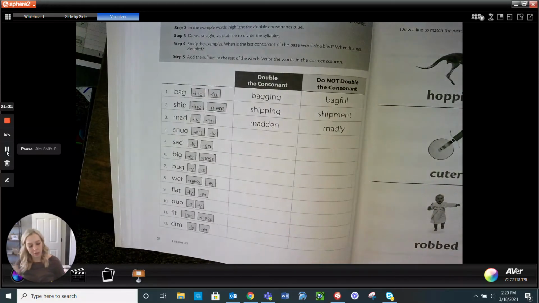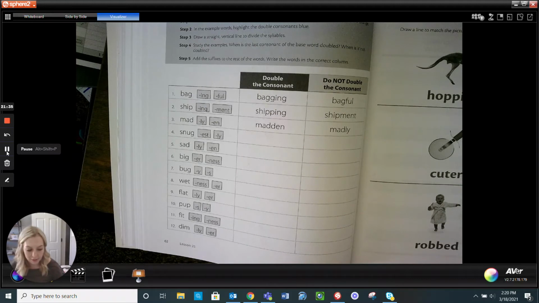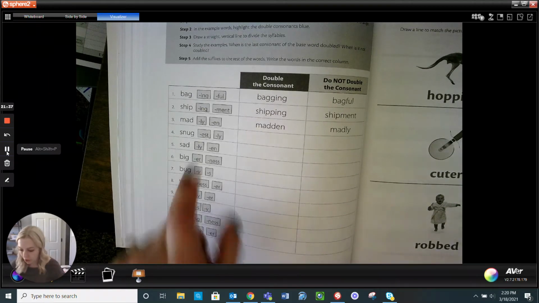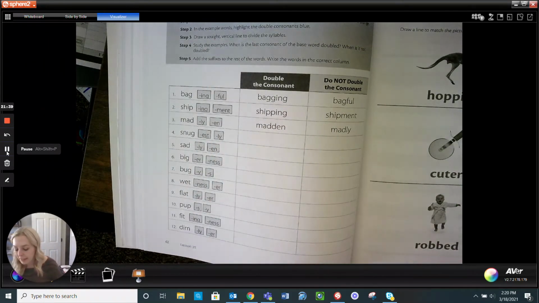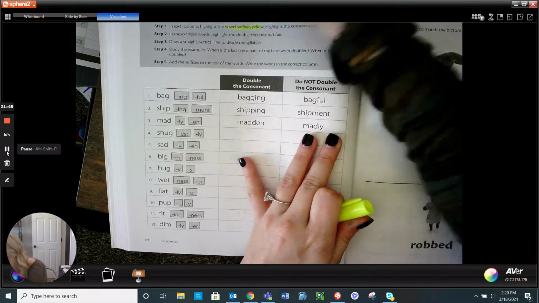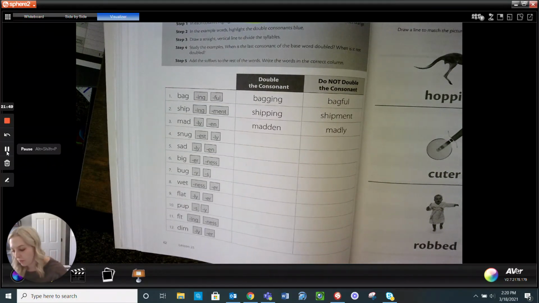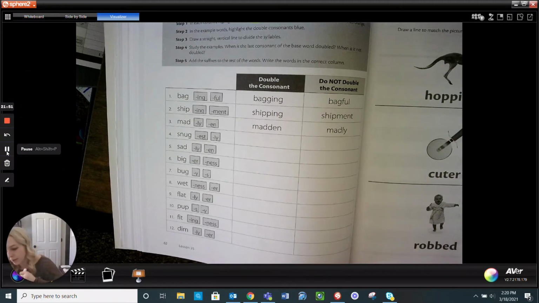We will now learn how to add suffixes to some words. In each column, highlight the vowel suffixes in yellow. And then highlight the consonant suffixes in orange. I have an orange marker, so I'm going to use that.